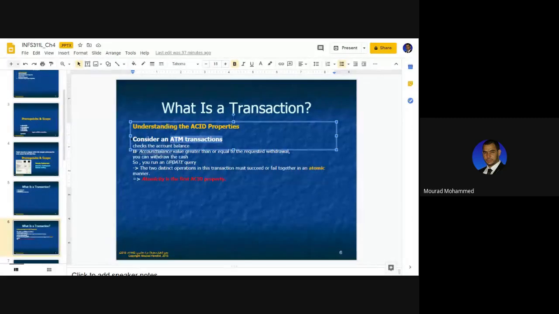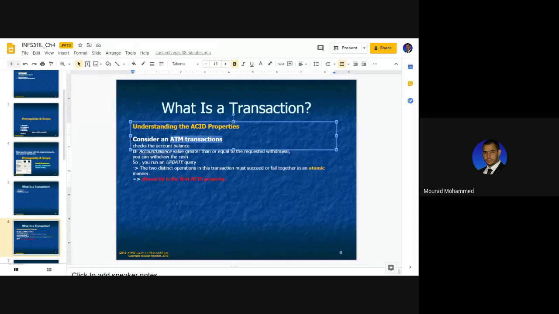Then, after the amount has been given to him, finally the account is updated. Means whatever he withdrew, the account will be deducted that amount. If he withdraws 10 riyal, 10 riyal would be deducted from his account. So this is the process. Good.